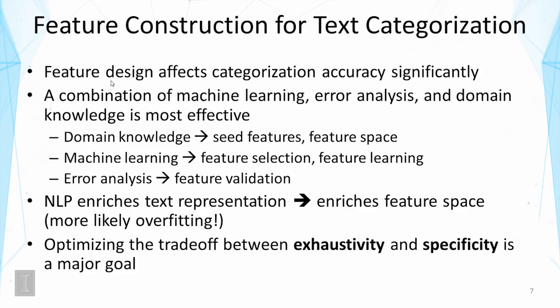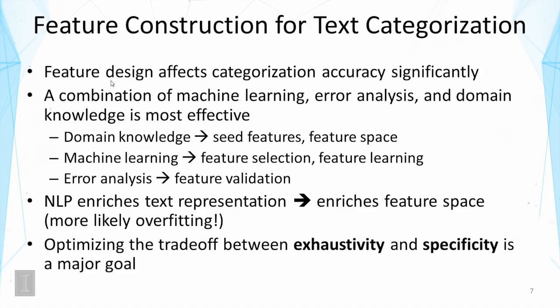That's feature learning. And these features can then be further analyzed by humans through error analysis. You can look at the categorization errors and then further analyze what features can help you recover from those errors, or what features cause overfitting and cause those errors. And so this can lead to feature validation that would revise the feature set. And then you can iterate, and we might consider using a different feature space.